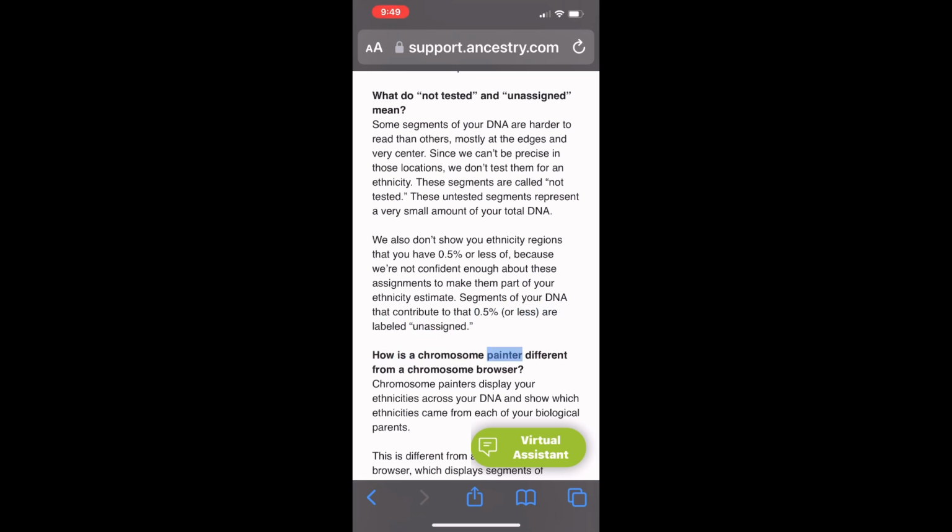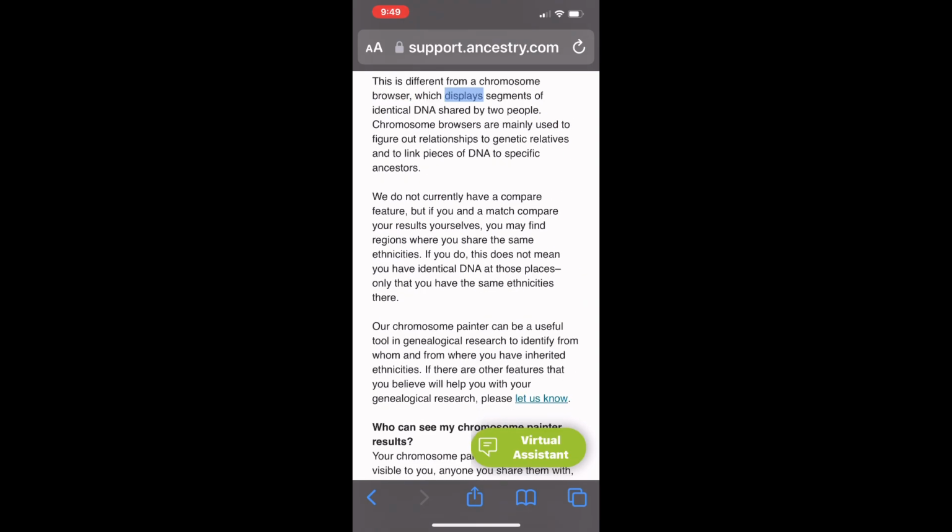How is a chromosome painter different from a chromosome browser? Chromosome painters display your ethnicities across your DNA and show which ethnicities came from each of your biological parents. This is different from a chromosome browser, which displays segments of identical DNA shared by two people. Chromosome browsers are mainly used to figure out relationships to genetic relatives and to link pieces of DNA to specific ancestors.